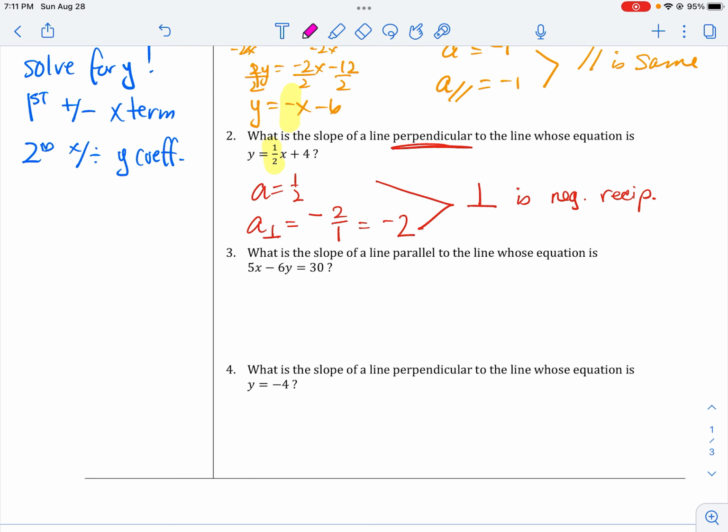Number 3 gives us an equation in standard form, so I have to solve for y again. And this time I'm looking for parallel. So first step, we're going to add or subtract the x term. So I have -6y, which is -5x plus 30. Then we divide by the y coefficient, that's just the 6, or in this case the -6.